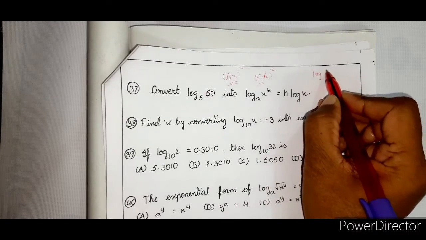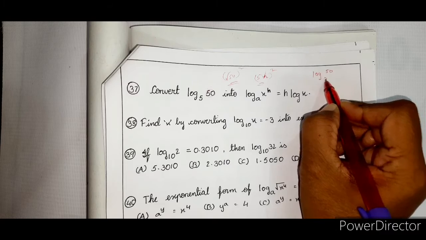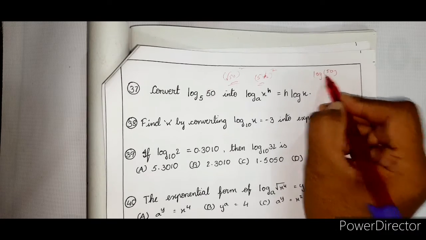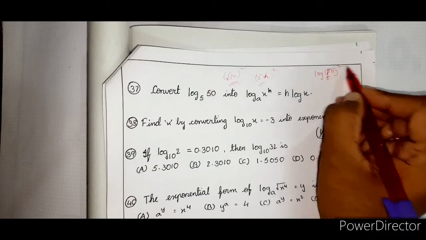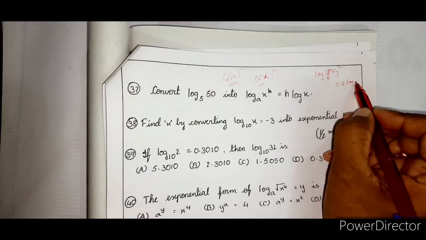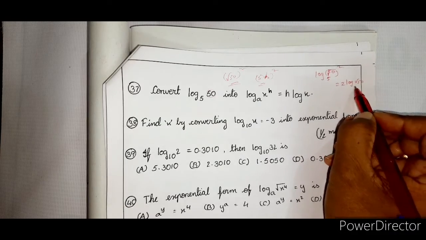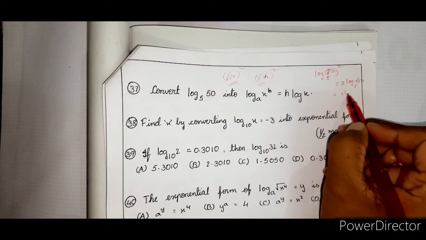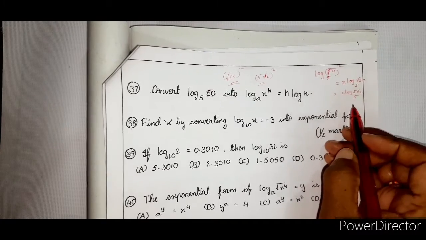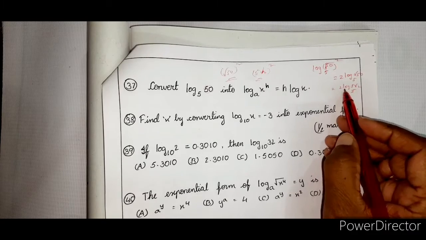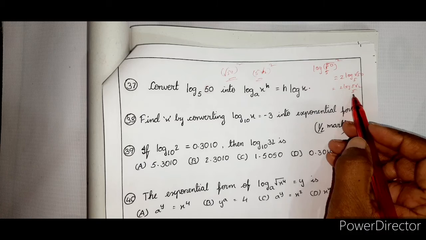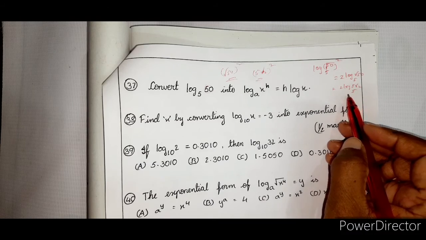So therefore I will write log 50 base 5 as log of root 50 whole square, that is equal to 2 log root 50 base 5, or 2 log 5 root 2 base 5.